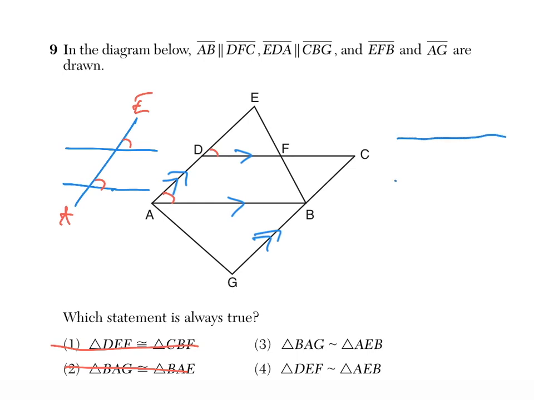Likewise, on the opposite side, we've got that same set of parallel lines with a transversal cutting across, this time from E to B. We can indicate that this angle and this angle are corresponding and also congruent. So what we can do is use this information to establish that triangle DEF is similar to AEB. Correct answer is option 4.